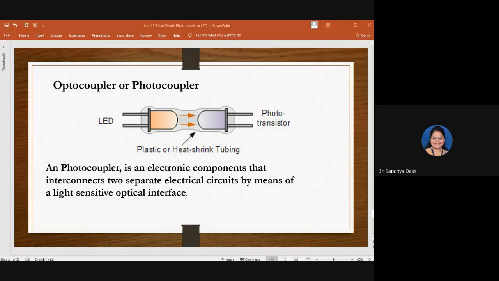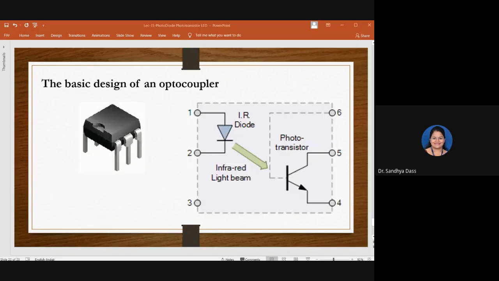So the basic design of the optocoupler consists of an LED that produces infrared light and a semiconductor photosensitive device.